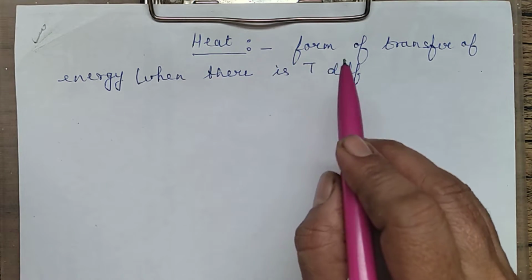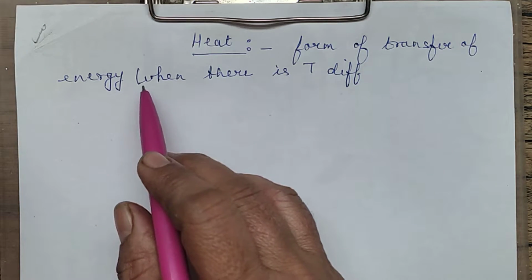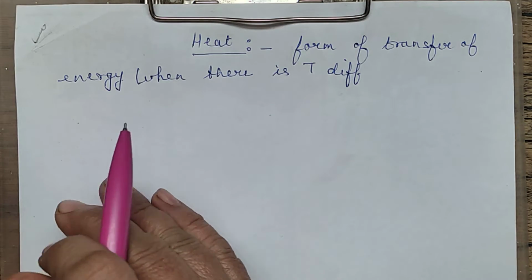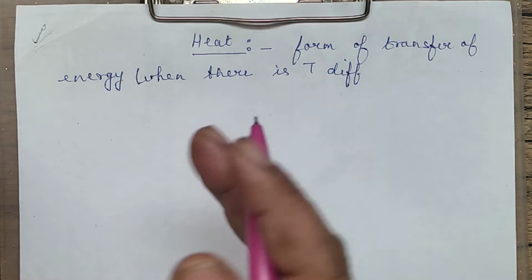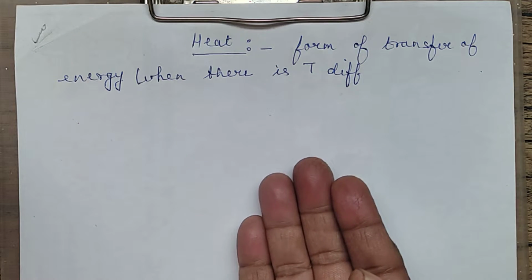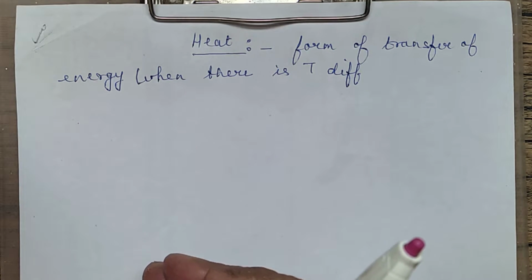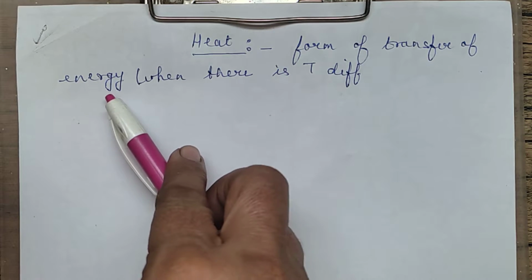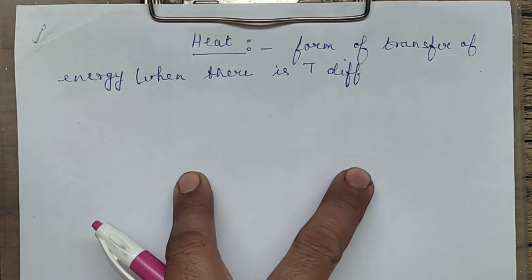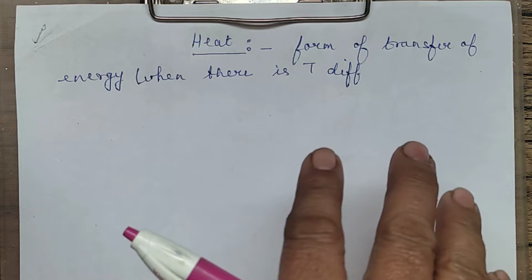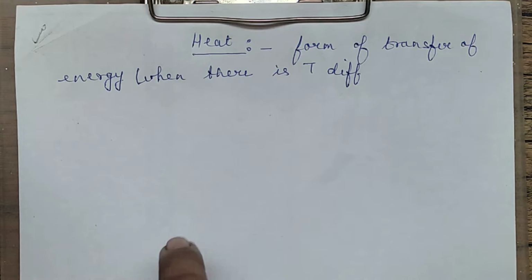It is actually a form of transfer of energy from where? From one system to another, or you can say from system to surrounding, or from surrounding to system. So it's a form of transfer of energy between two objects, or between two systems, when there is a temperature difference.